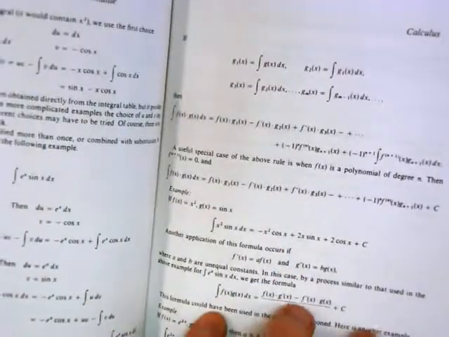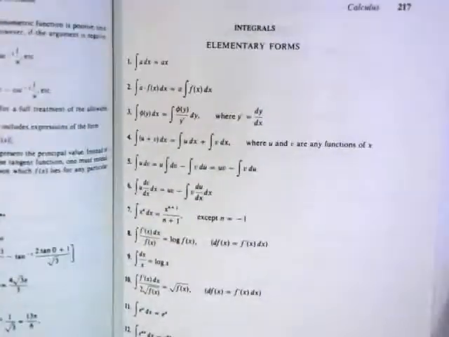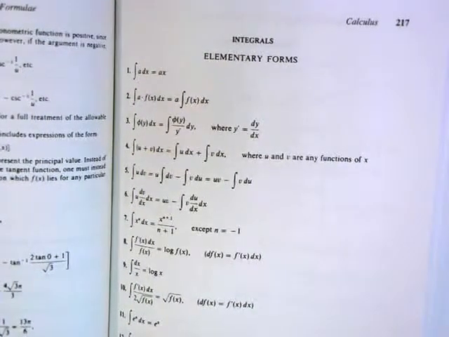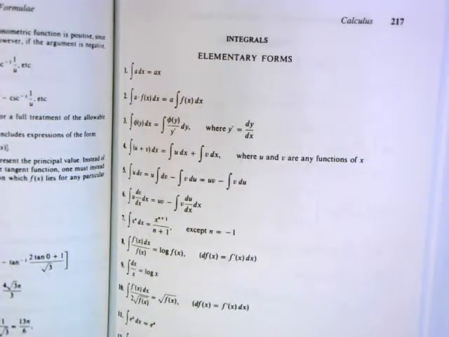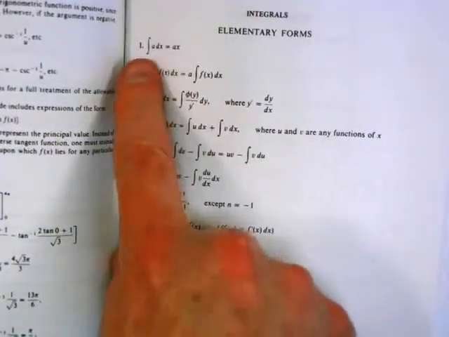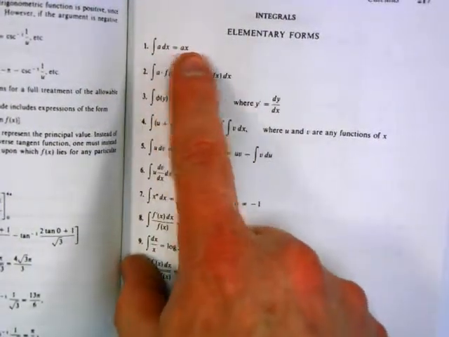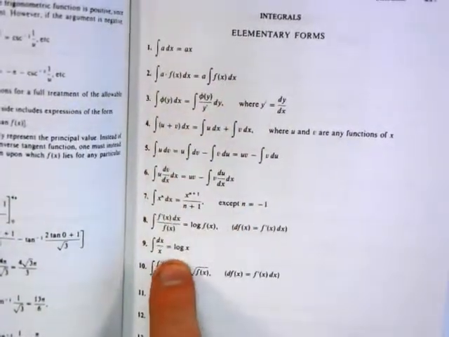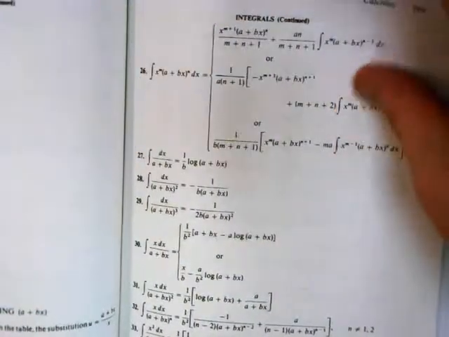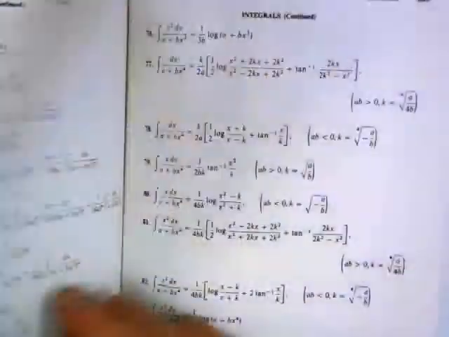And if you look in here, it's got all sorts of amazing stuff. So it starts right with the integral of a dx is ax plus c. They didn't put the plus c on all these. And then you've got your basic integration rules, you've got your rule for log, and it goes on and on and on.